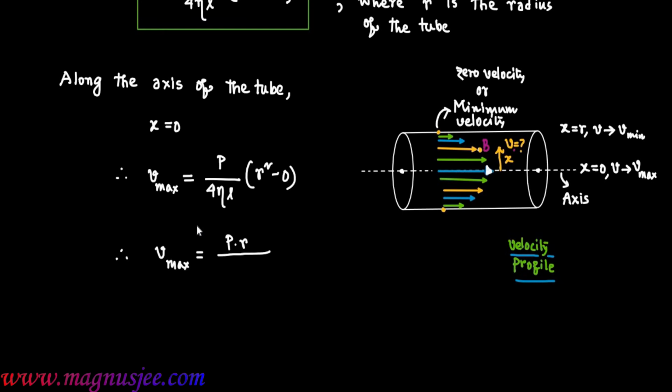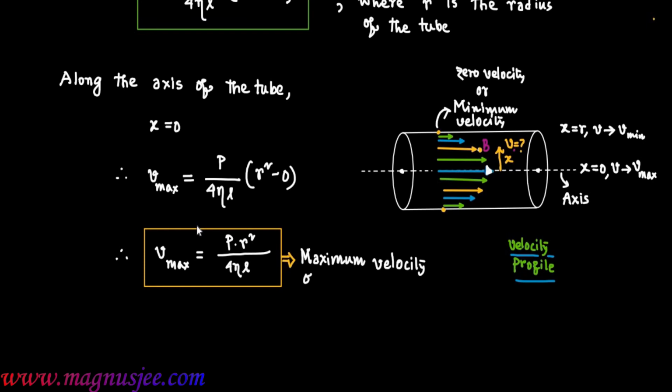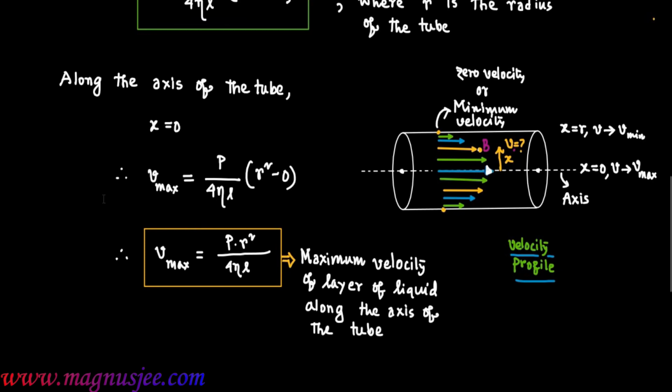And finally, we get Vmax as P r square divided by 4 eta L. Vmax is the maximum velocity of the cylindrical layer of liquid flowing through the tube along the axis. Vmax is the maximum velocity of layer of liquid along the axis of the tube.